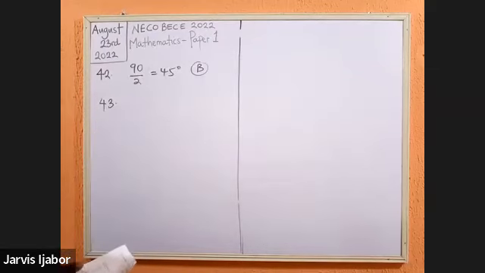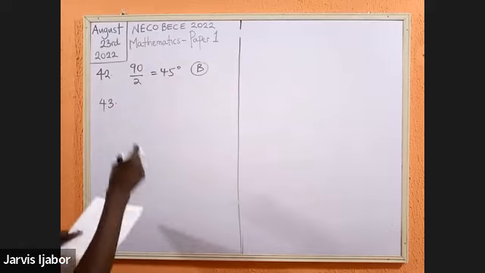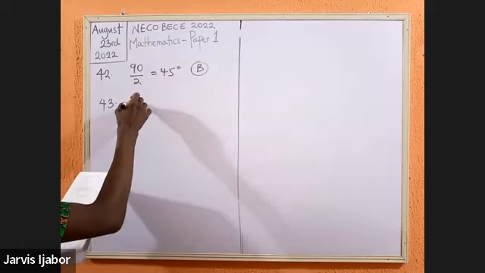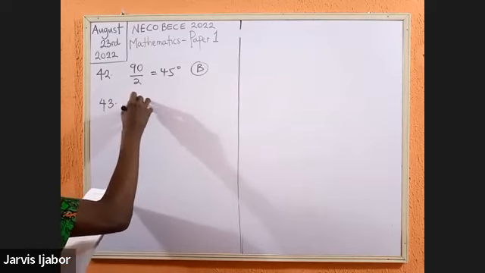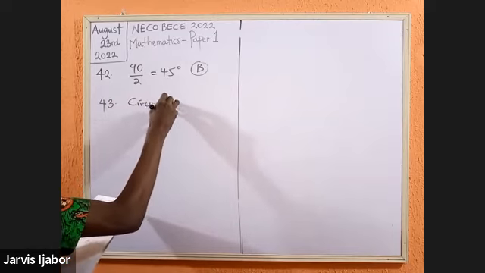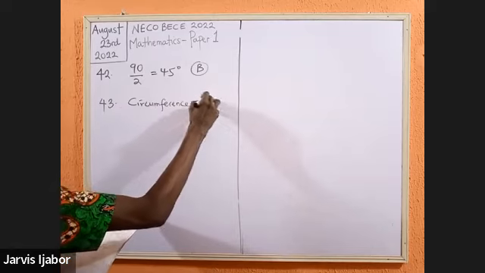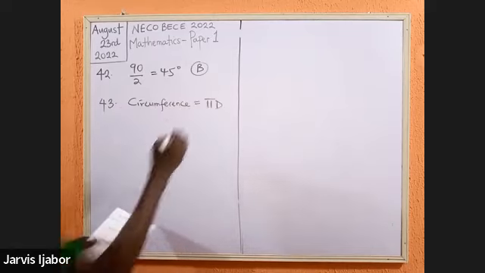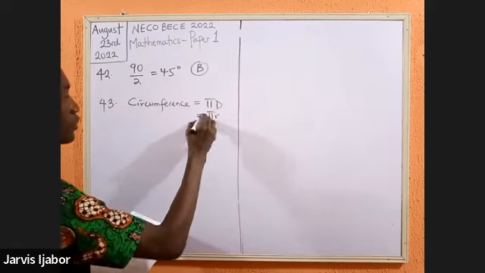43. What is the diameter of a circle with circumference 264 centimeters? Remember that circumference is equal to pi d, and can also be equal to 2 pi r.